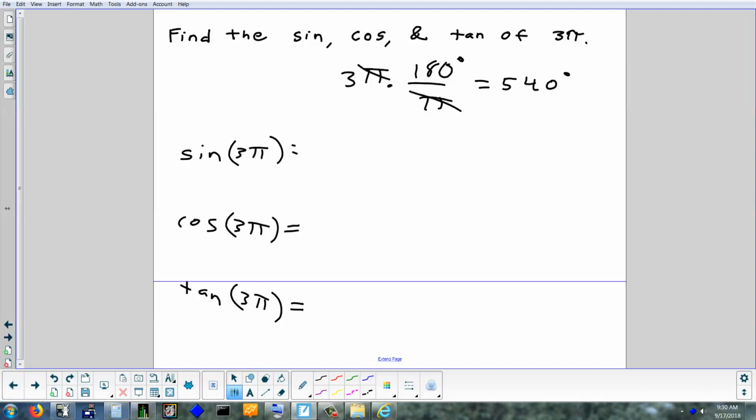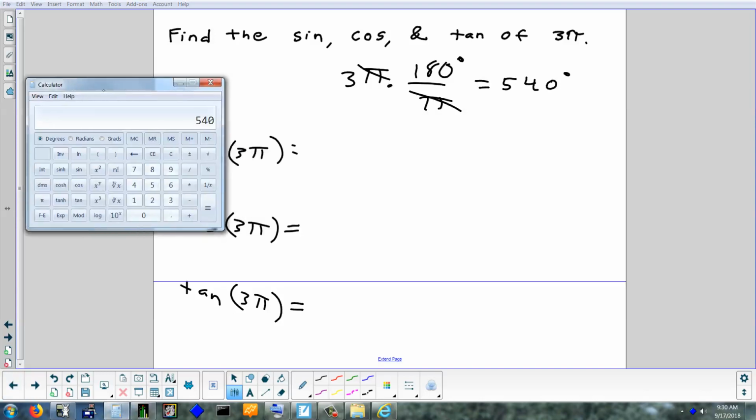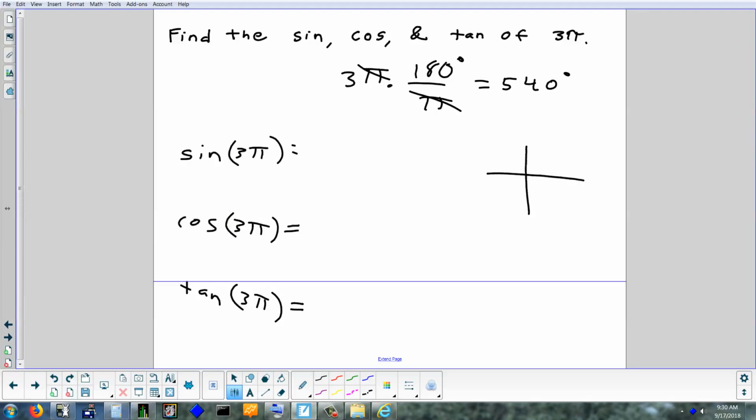Now, that's better because it's in degrees, but I still don't like that number. What do you think I don't like about 540? Yep. It's over 360. And at the beginning of class, we talked about something you could subtract from it to make it under 360. And then I think it'll be a lot easier to see where it is on the circle. Because right now, it's one of these 4 points.